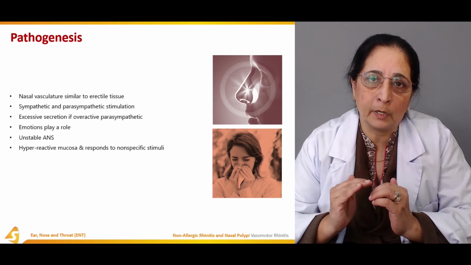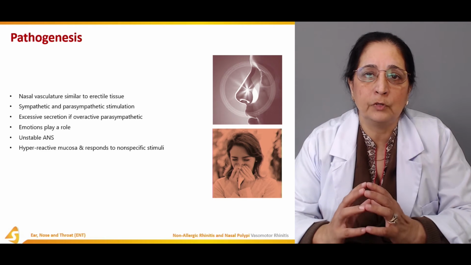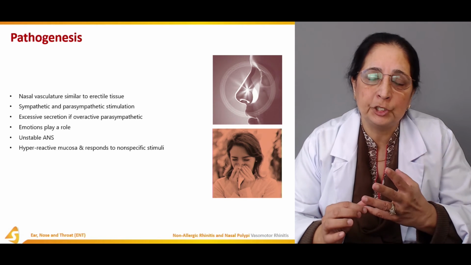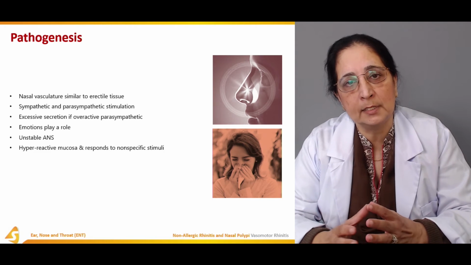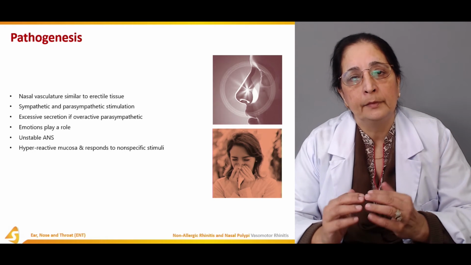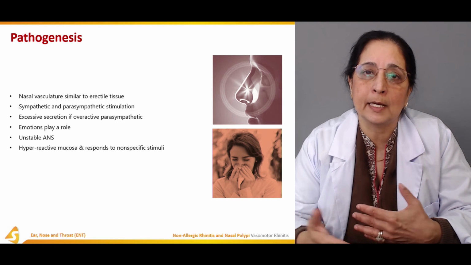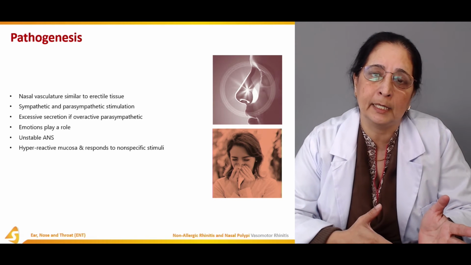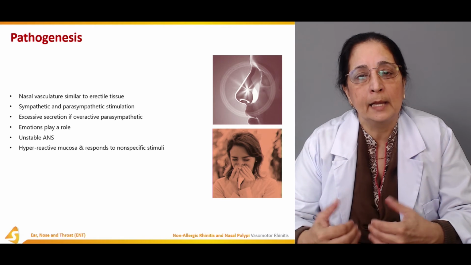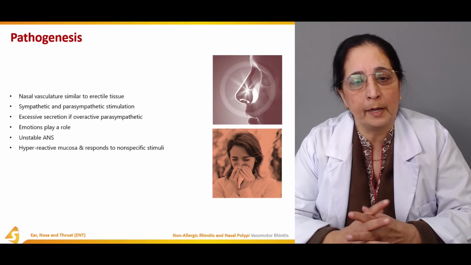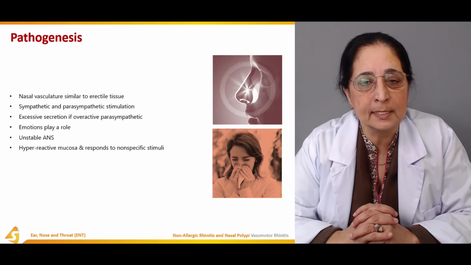These are some important features in the pathogenesis of vasomotor rhinitis: stimulation of sympathetic and parasympathetic. The autonomic nervous system is unstable. If the parasympathetic system is hyperactive as compared to sympathetic, there is excessive secretion from the mucosa, and there is mucosal hyperactivity, and it responds to non-specific stimuli.